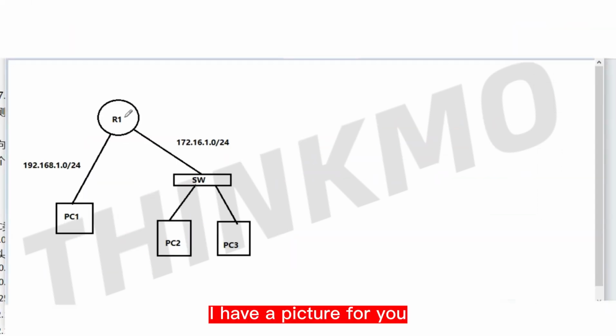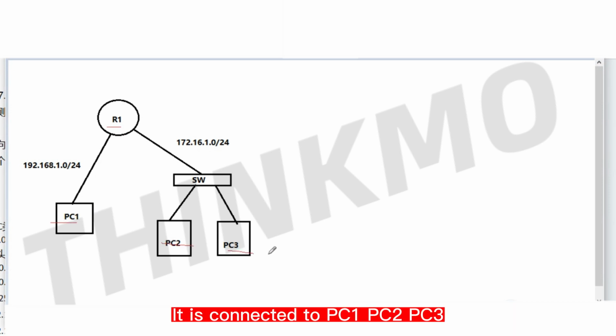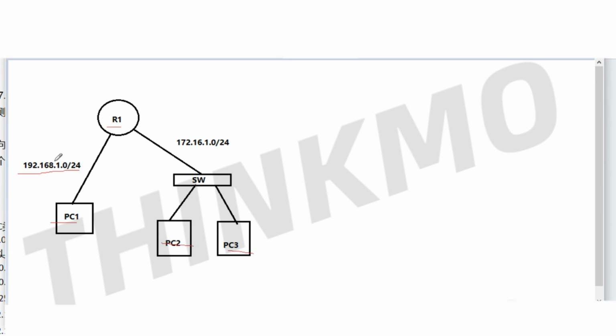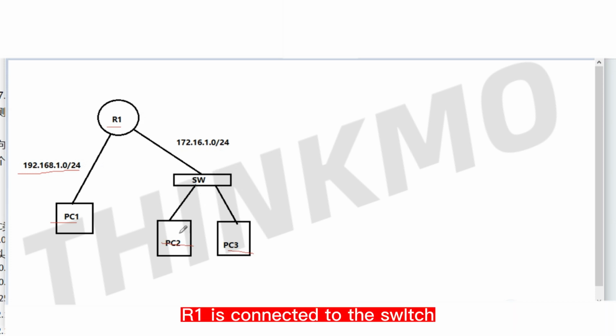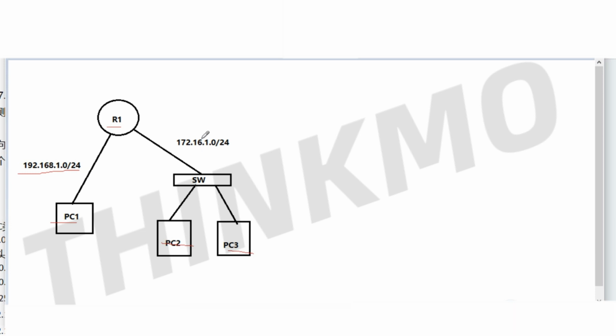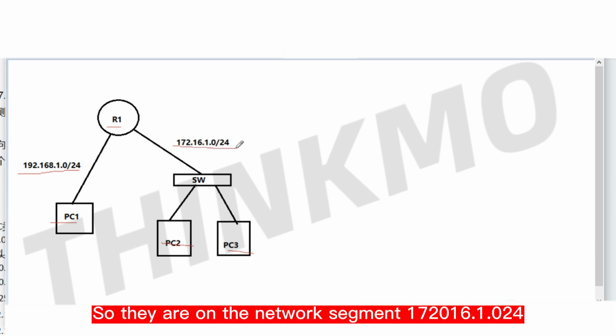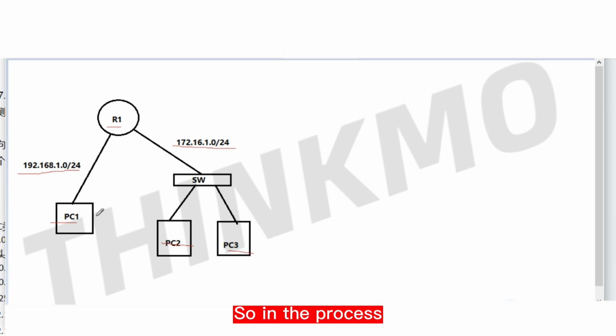I have a picture for you. Let's say a router is connected to PC1, PC2, PC3. The network segment where PC1 resides is 192.168.1.0/24. R1 is connected to the switch, and PC2 and PC3 are connected to the switch. So they are on the network segment 172.16.1.0/24.